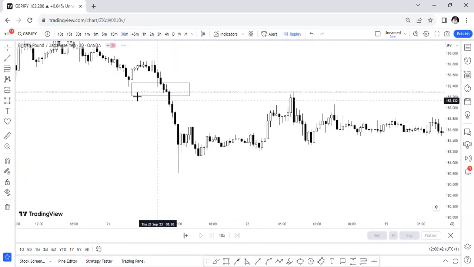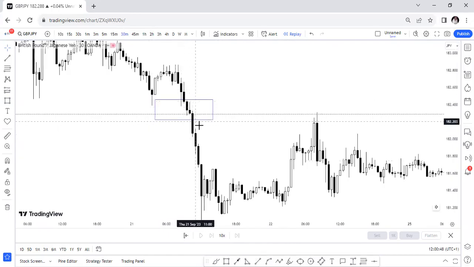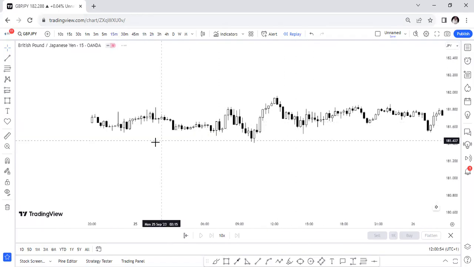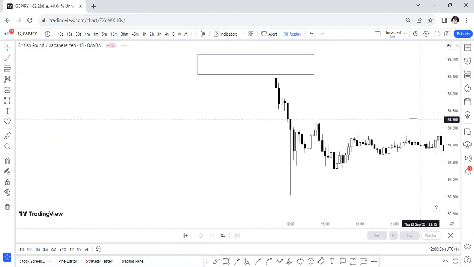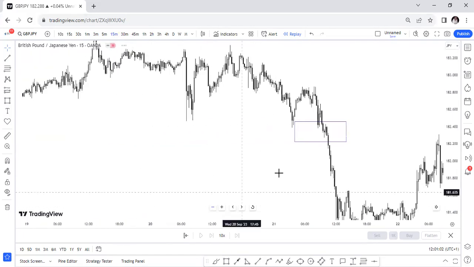Let's see what happens in 30 minutes. Yeah, you can see the move here. Then you can still go lower to 5 minutes. See that move. Yeah, so you can see the engulfing there.